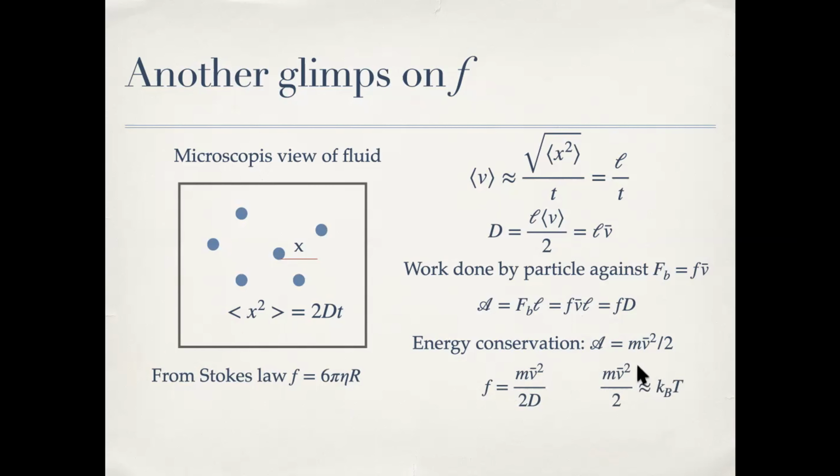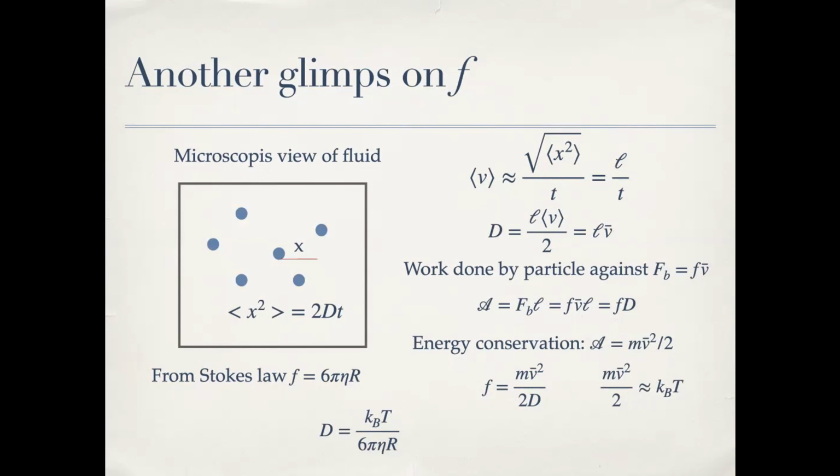the mean energy of a particle in the system is what in the kinetic theory of gases is called the temperature. So this is nothing else than the temperature of the liquid. And then I find a formula that the diffusion coefficient is related to the viscosity of the liquid.